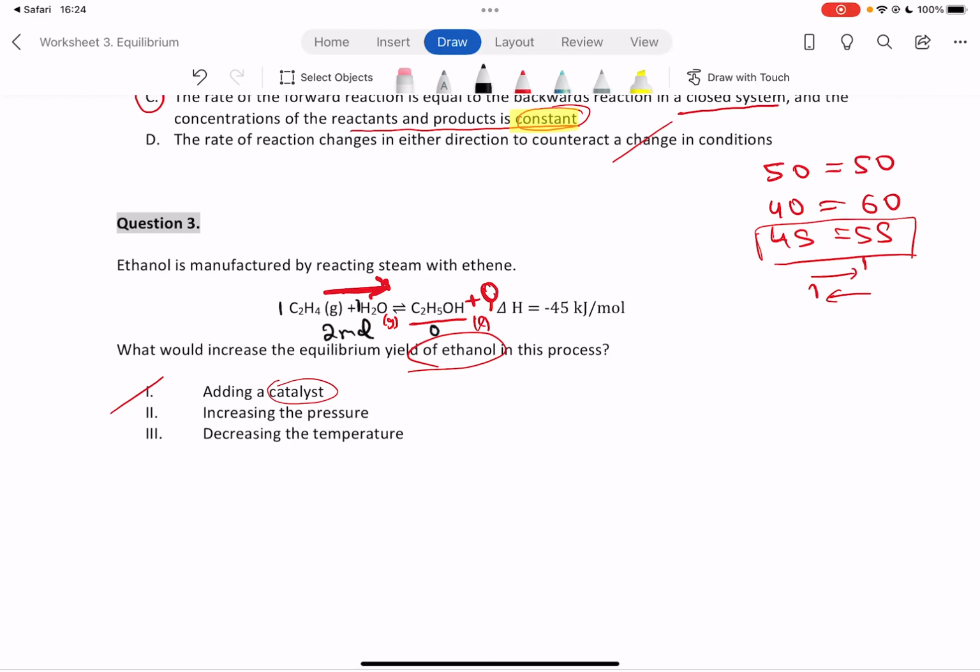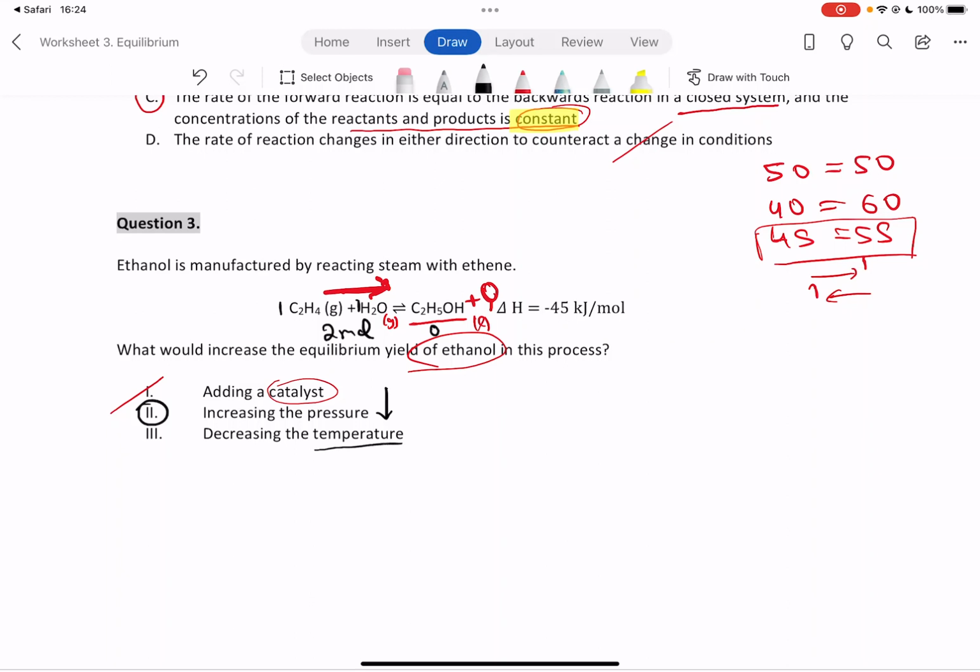So we have no gas particles on the right side, which means we have more particles on the reactant side, and so more pressure on the left side than the right side. If we increase the pressure, we need to decrease the pressure according to Le Chatelier, and there is low pressure on the right side. So this option is correct.